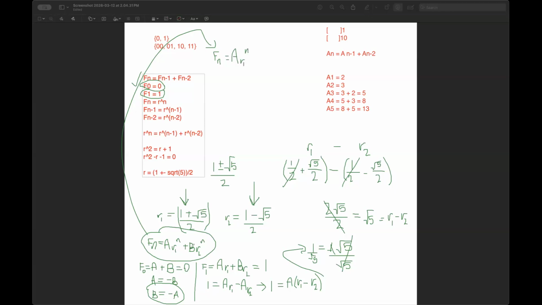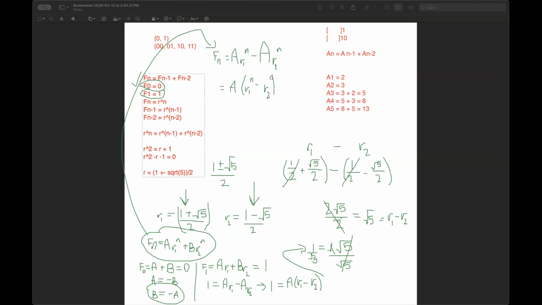And instead of doing plus b r sub 2 to the n, I'm just going to do, again, minus a r sub 2 to the n. And I can factor out a, and I can say that all of this is equivalent to a times r sub 1 to the n minus r sub 2 to the n.